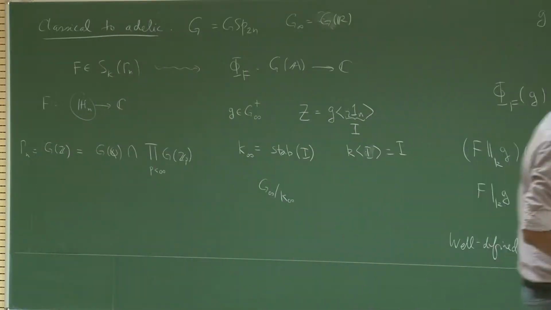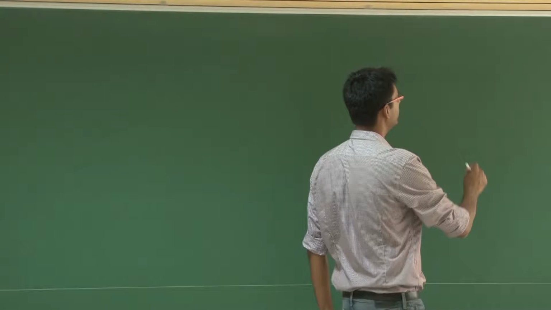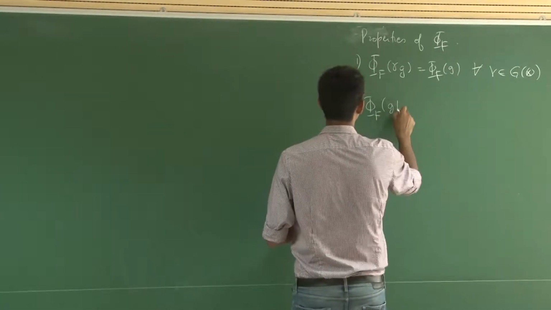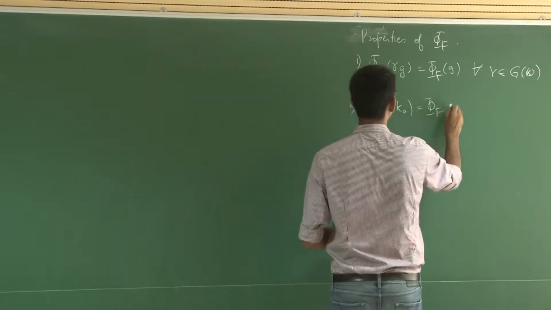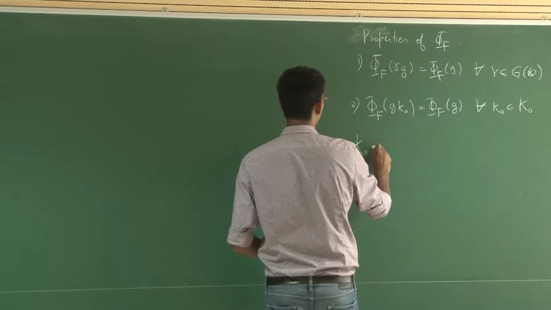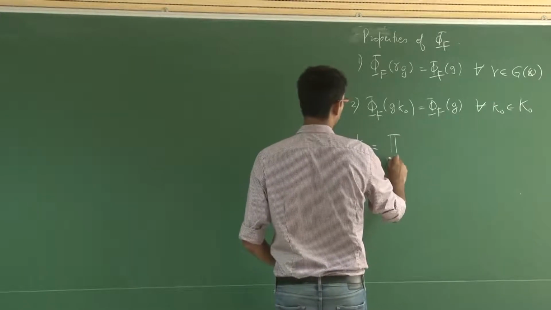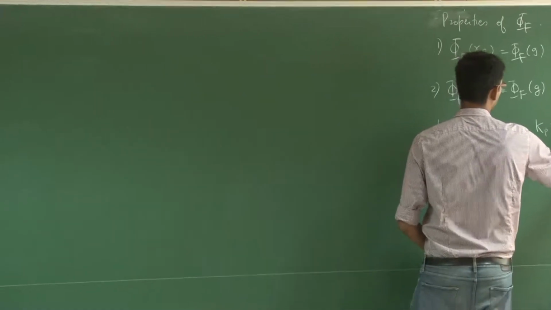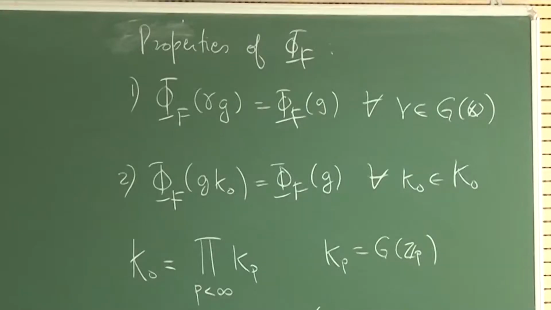Okay. Second is phi f of g k0 is equal to phi f of g for all k0 in capital K0, where capital K0 is exactly what we have on the right there, product over p less than infinity of Kp, where Kp is your maximal compact in Gp. Okay.